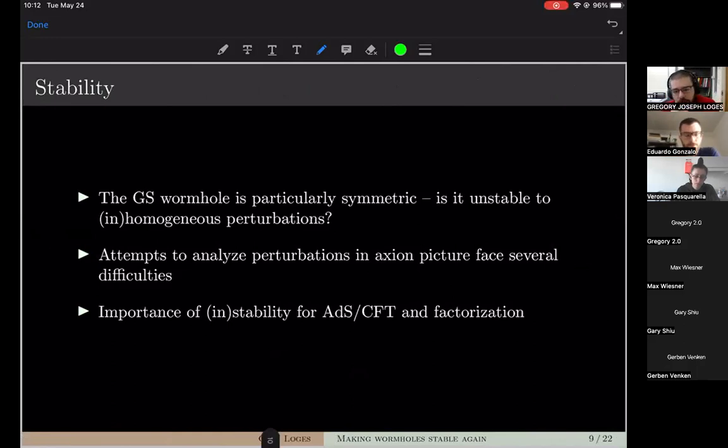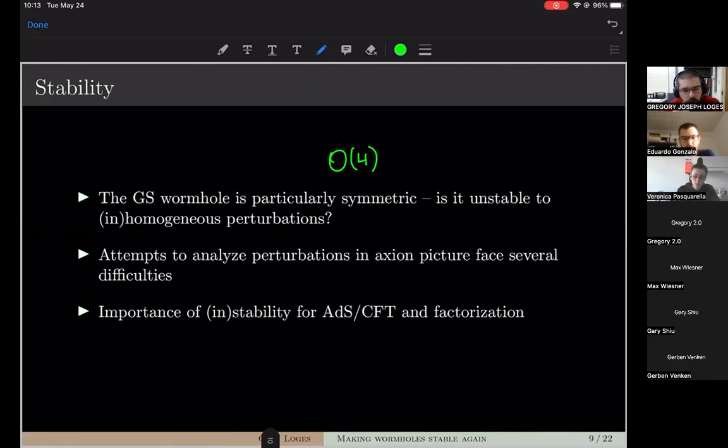So this wormhole solution, it's particularly symmetric. It has this O4 symmetry from these S3 cross sections. And so the question we want to answer is whether it's unstable to both homogeneous perturbations, but also inhomogeneous perturbations, where we take that cross section and squash it in some way.